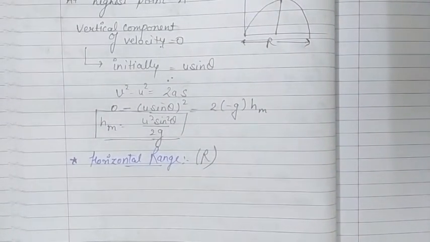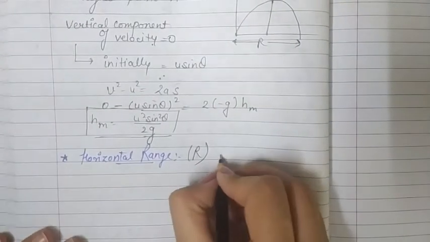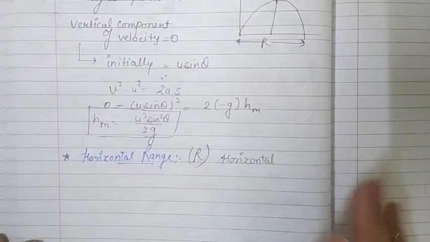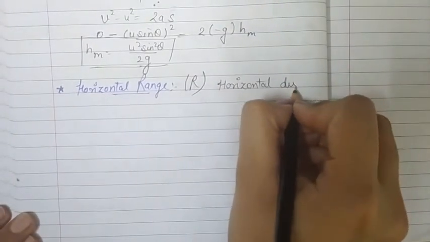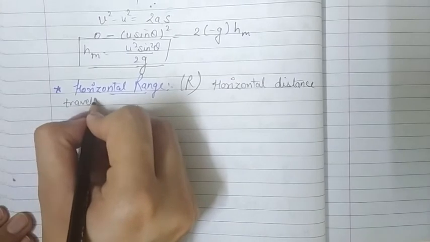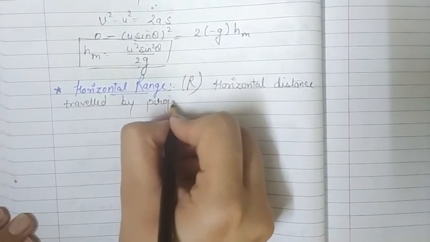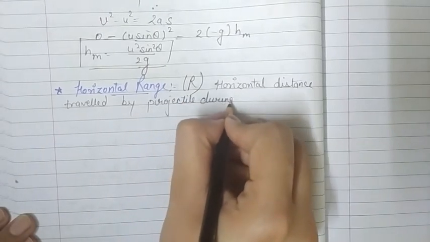So horizontal range is the horizontal distance traveled by the projectile during its time of flight, means during time Tf.